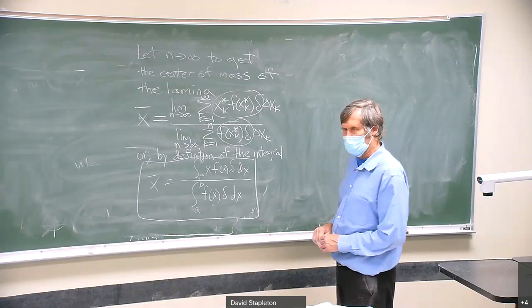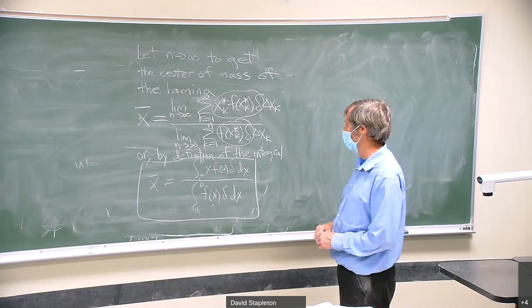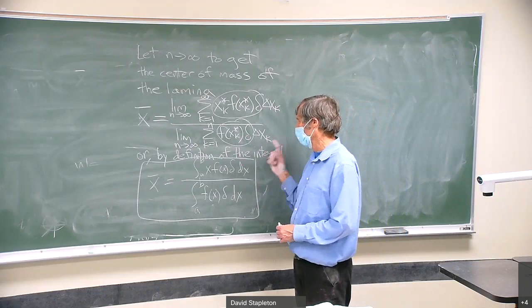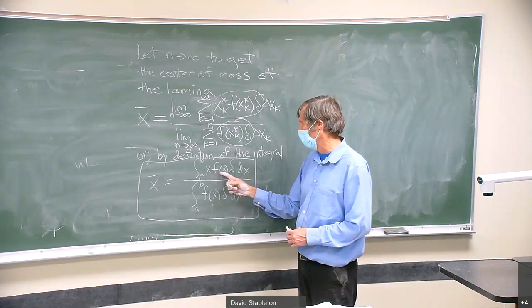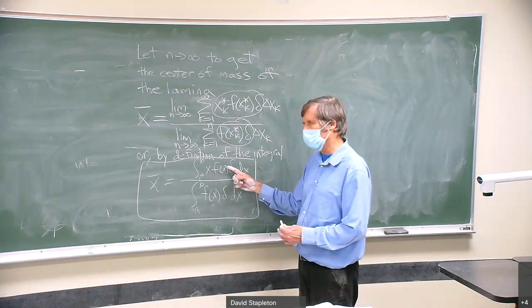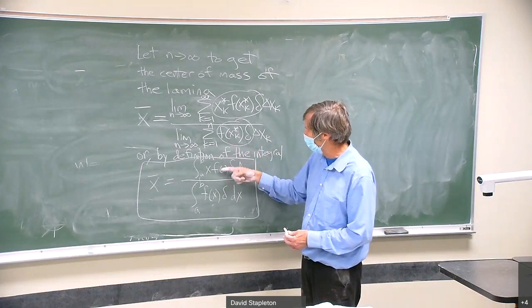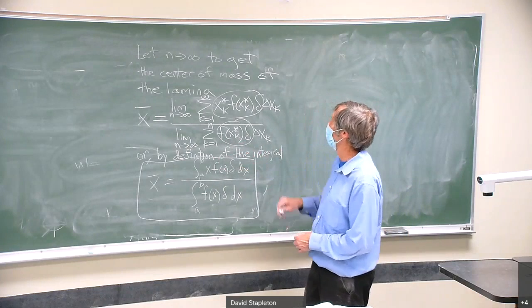Now, what about the y coordinate? We can do exactly the same thing for the y coordinate, provided we write the width of the lamina as f of y. So we put y, f of y, delta dy, but we don't have a width function here. So if we want to write it in terms of a height function, f of x still, we have to do something else.